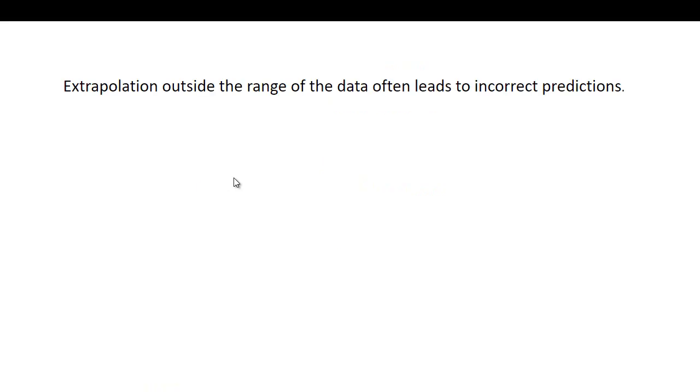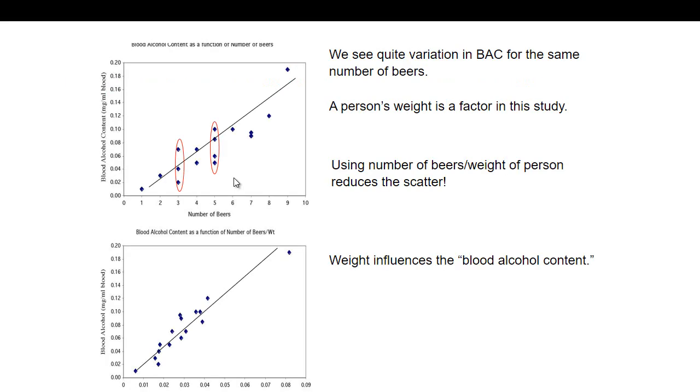Extrapolation means predicting values from the regression line outside the range of the data. Extrapolation or prediction outside the range of the data often leads to incorrect predictions. So what do I mean by that? Here in the first figure, we see the regression line.